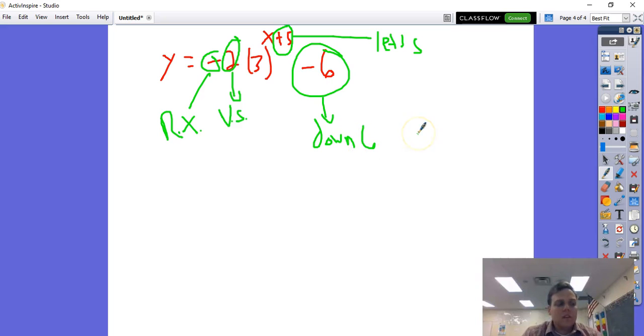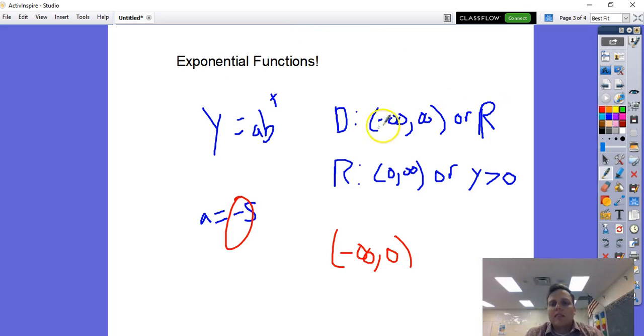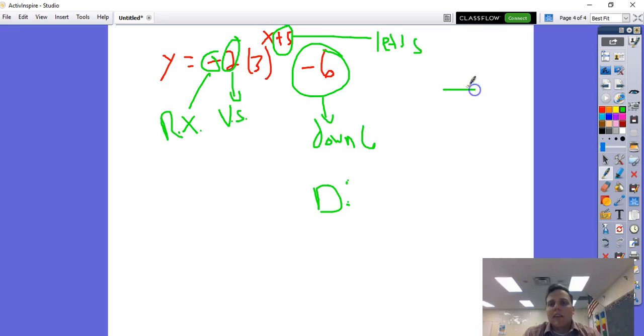So let's talk about what my domain is going to become. Let's not look at a graph. My domain was negative infinity to positive infinity, or all real numbers. Remember, domain is left to right. Is any of these going to affect that? Is reflecting across the x-axis going to affect moving left to right? Reflecting across the x-axis just takes you from being up here to being down here. No, that affects going up and down, but not left to right.